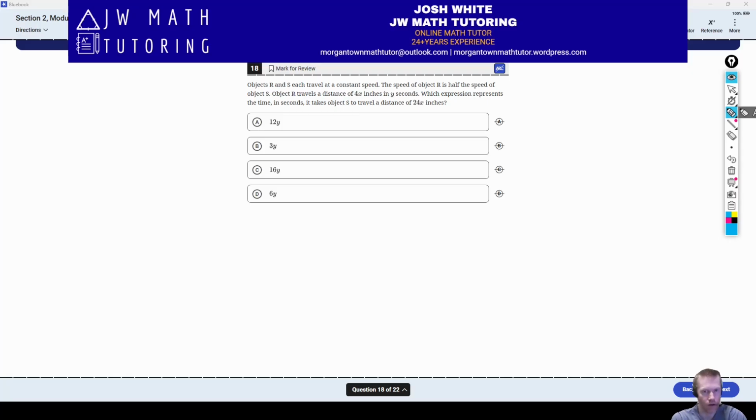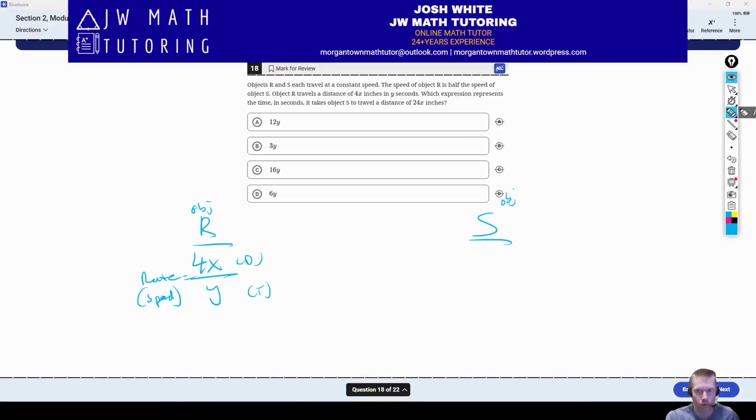So let's start with r. Distance of 4x inches in y seconds. So 4x inches in y seconds. This is basically its rate, because this is a distance over a time.